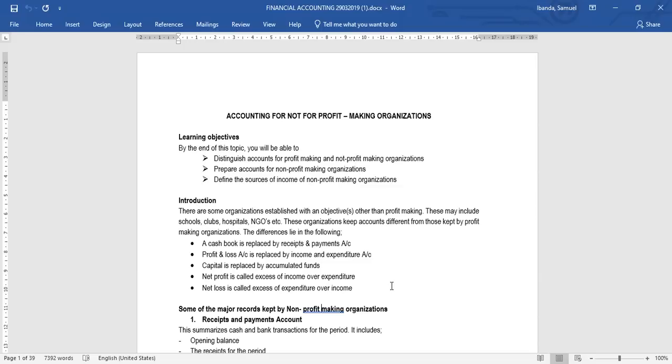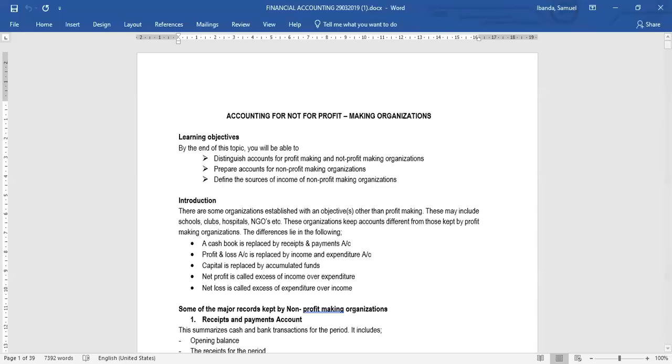And if you have a net loss, that will be regarded as excess of expenditure over income. Okay. Similar to this, you can have terms like surplus and deficit. Where there is excess of income over expenditure, some other literature may call it a surplus. And where we have excess of expenditure over income, other literature may call this a deficit.